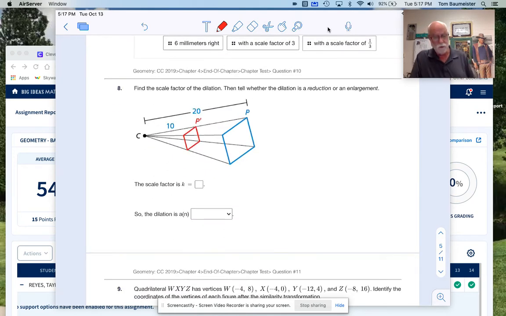Find the scale factor of the dilation. Then tell whether the dilation is a reduction or an enlargement. So remember, K is going to be equal to the image over the preimage.